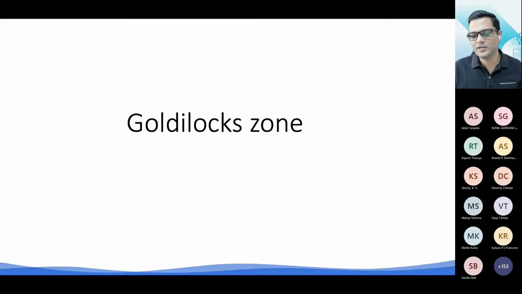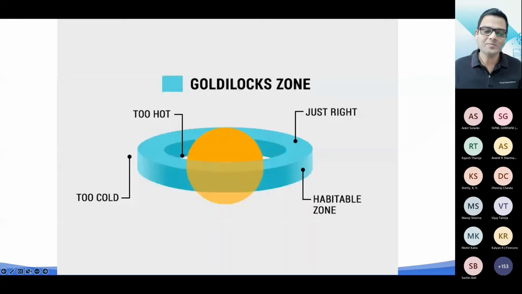So Earth is actually in a Goldilocks zone. What does that mean? That means that Earth is in a zone away from the sun just right for life to survive. We have water in the form of water vapor where we get our rains. We have water in the form of ice, which again melts into water and feeds us back.